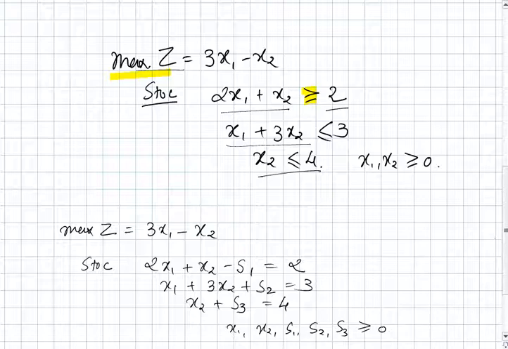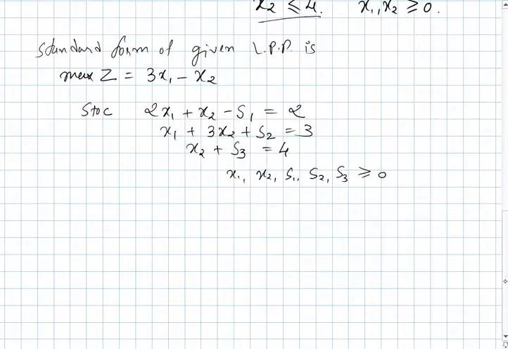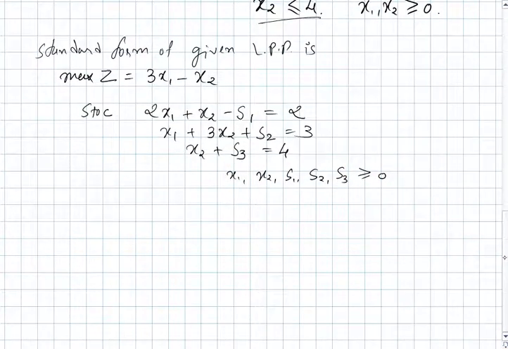So this is the standard form of the given linear programming problem. Now we only focus on the standard form. To get an initial basic feasible solution, we take x1 and x2, the initial variables, to be 0.